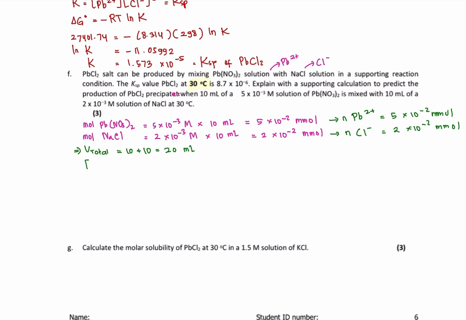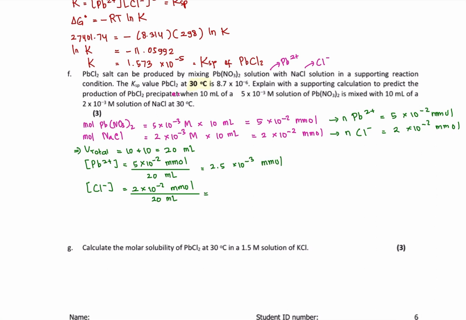So I'm going to calculate the concentration of Pb2+, which is the mole divided by the total volume of the mixture, and also the concentration of the Cl-, millimole over milliliter. So here we have this calculation. In this case, we have 2.5, and this one here, we have 1. No, sorry, not millimole, but it's smaller. So here we have the molarity.